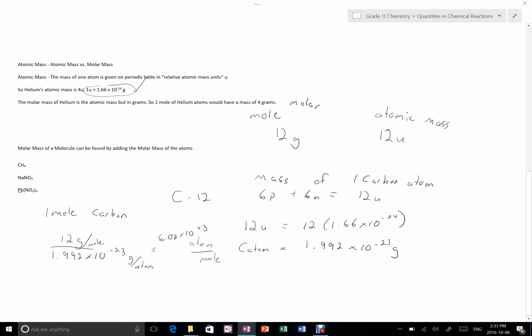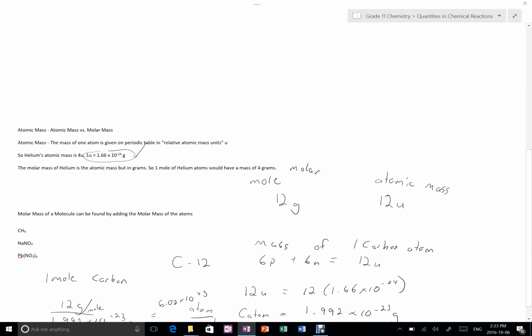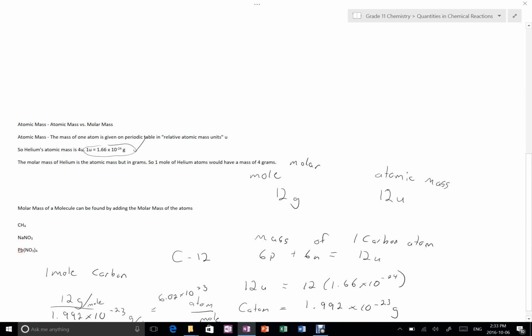So what they really did historically is they said, we don't really know what this carbon is. It's 12 times bigger than this thing, so let's make 12 grams 1 mole. Then later, when we learned more about the existence of protons and neutrons, we realized that one proton had this mass.